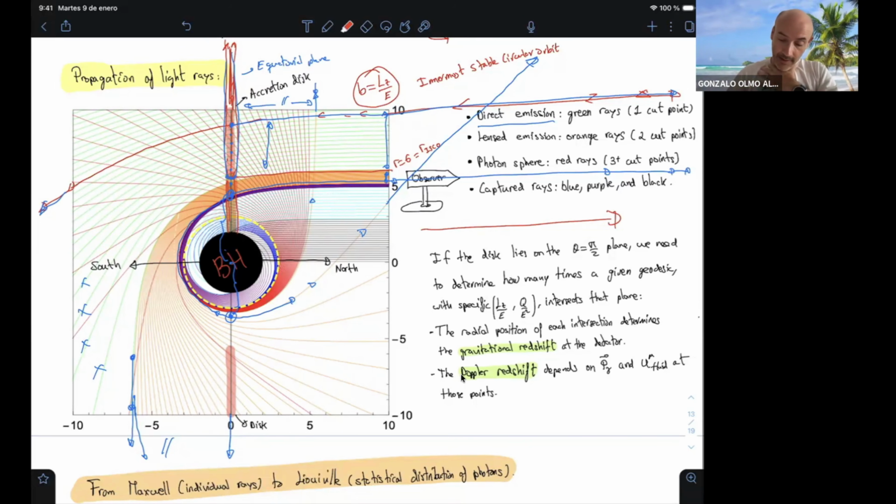So we discussed the green and the orange, and now we have to discuss also these red ones. These red ones are intersecting the disk, for instance here, the equatorial plane. If we trace them back, they are intersected here, somewhere here.